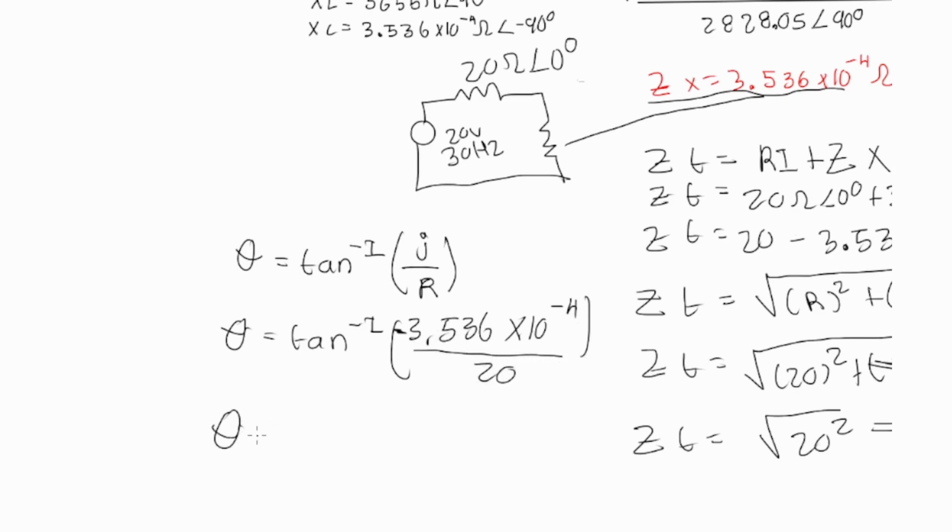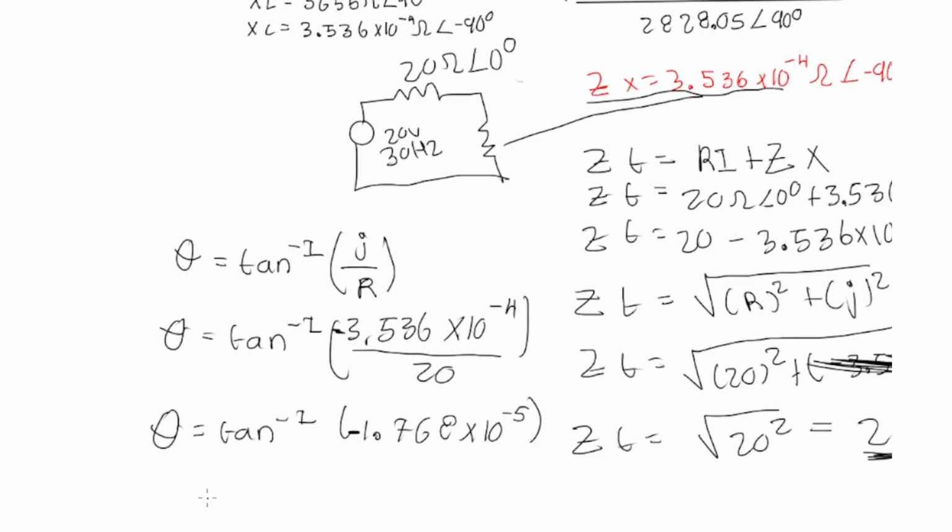And we just do this division and obtain the following value. So we just put this in our calculator. Now we have to set the calculator in degrees. Don't forget that. Don't make the mistake of still having the calculator in radians. We are no longer using them. So the phase angle will be this very small value.